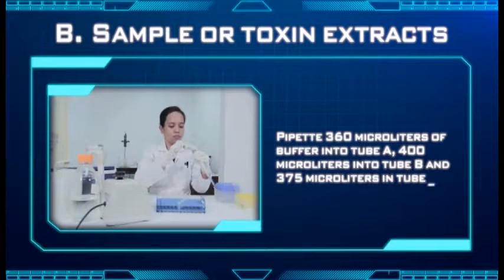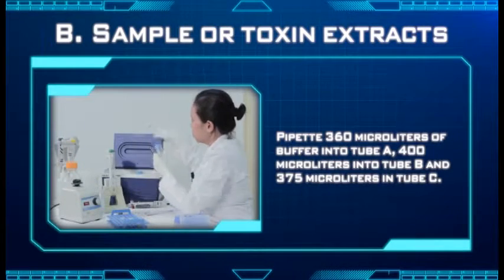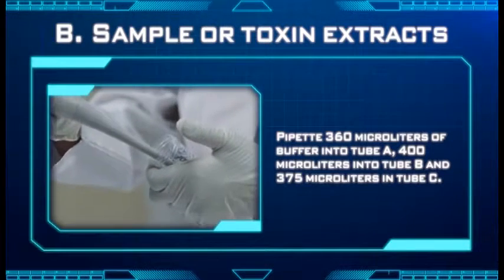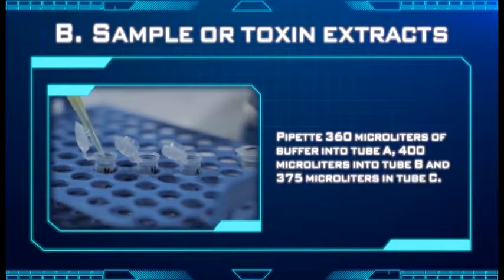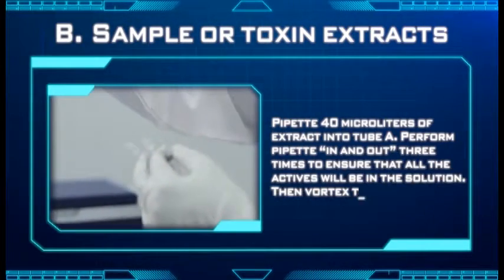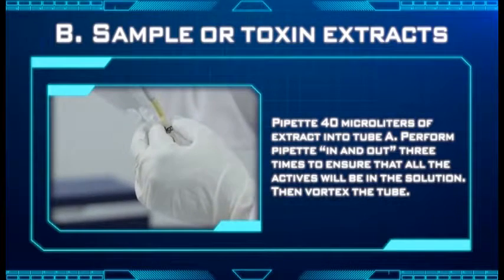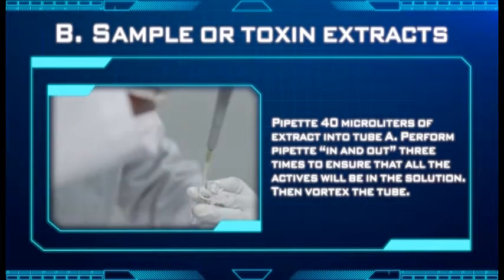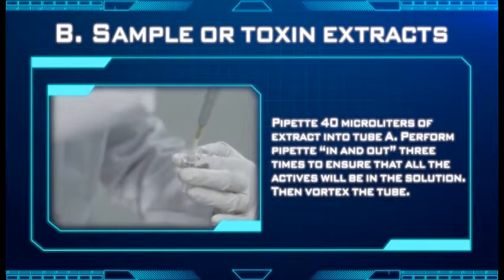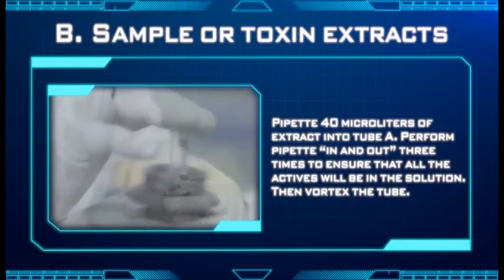Pipette 360 microliters of buffer into tube A, 400 microliters into tube B, and 375 microliters into tube C. Pipette 40 microliters of extract into tube A. Pipette in and out 3 times to ensure that all the actives will be in the solution.